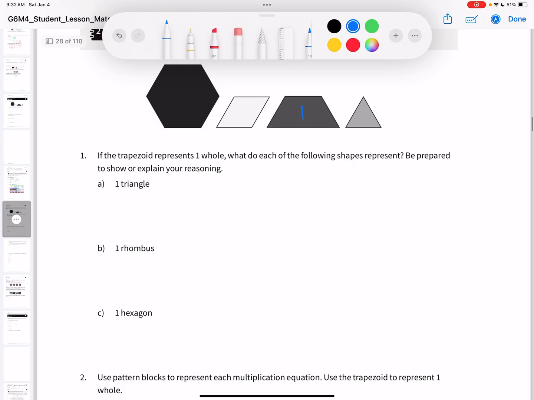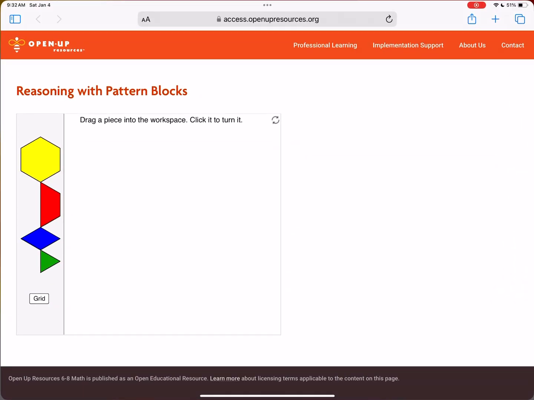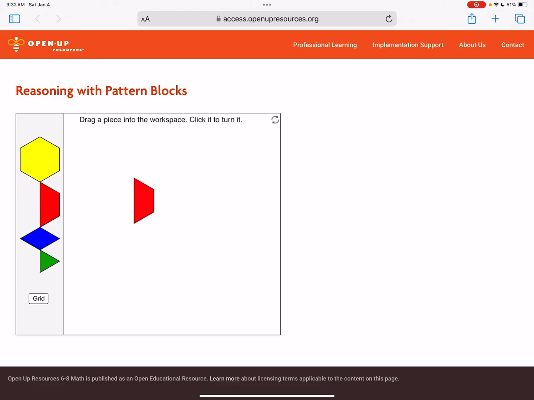Okay, so we are going to use our diagram again. So we have our trapezoid. Now it asks for one triangle. So how many triangles fit in here? I don't know why it's not lining up, but we'll do it this way. So 3 triangles.